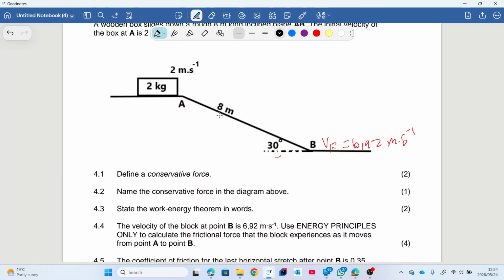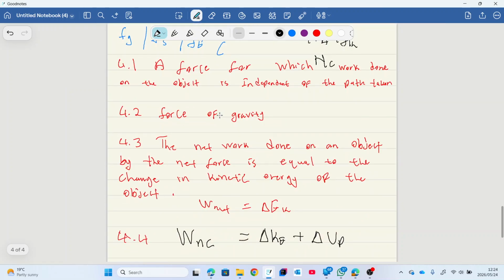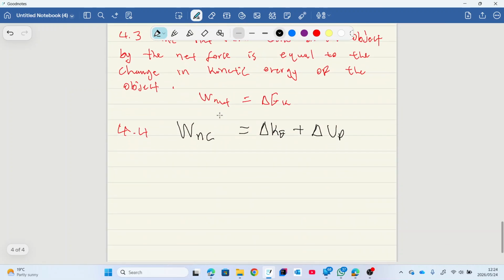So there's no way we can put the force of gravity or G parallel in WNC, because it is a conservative force, not a non-conservative force. Is it clear? Yes, it's clear.